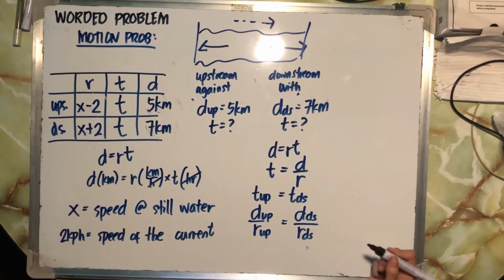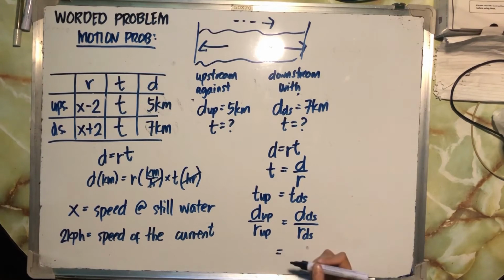That's what we will do. Okay, inputting our values. Our upstream distance is 5. Our rate is x minus 2. Our downstream distance is 7. Our rate is x plus 2. Okay, this would be our working equation now.